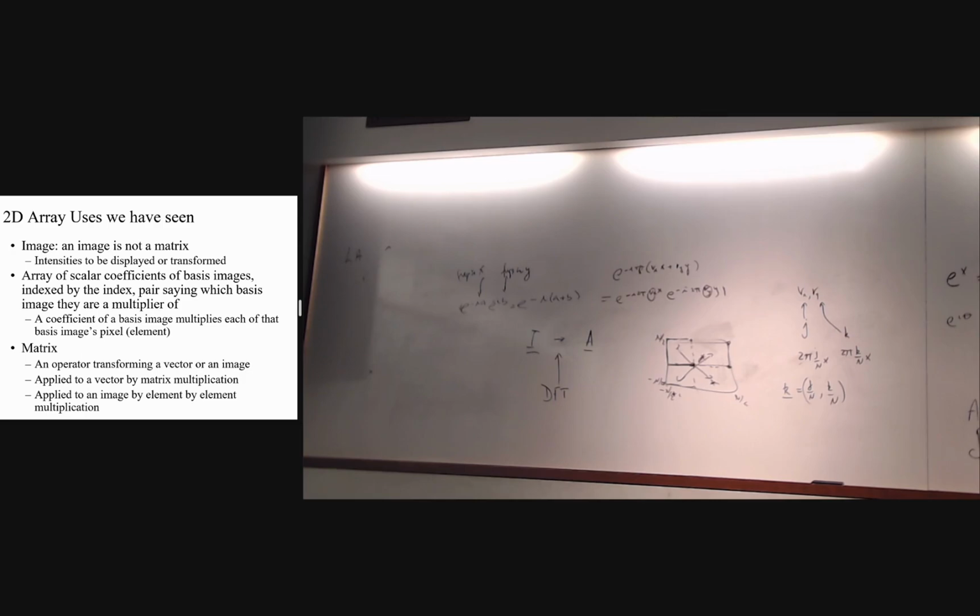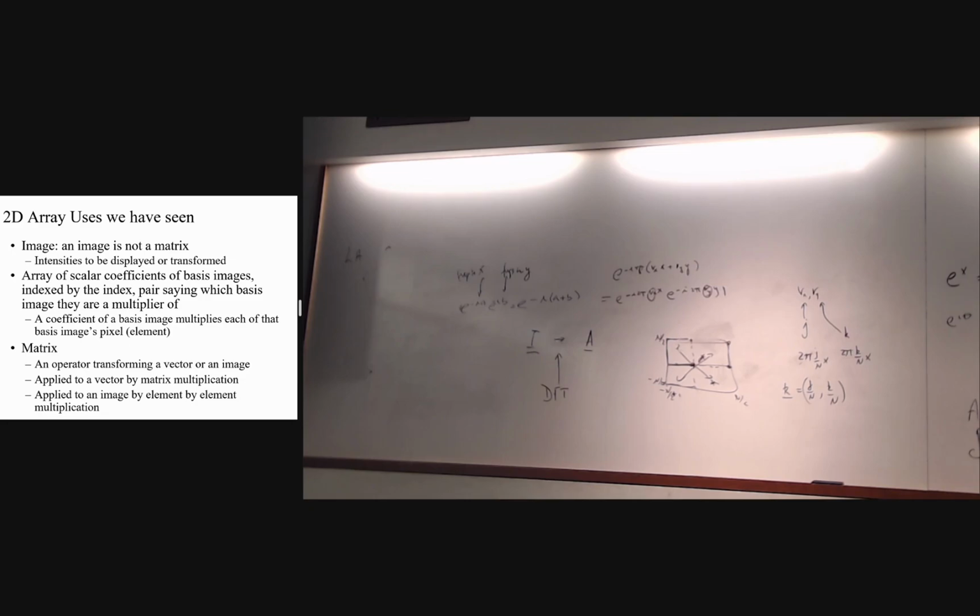And images don't apply to images, they are images. And therefore we're not going to call an image a matrix, despite the fact that the people who wrote Matlab screwed up and called them matrices. They are arrays, but they're not matrices.